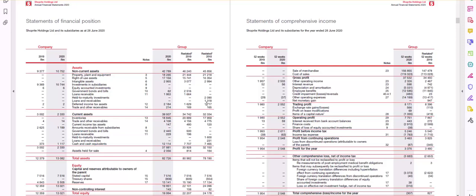But in order to understand business performance and value creation, what we can do is we can look through those numbers to try and find out what is really important, because the accountants don't do that for us.